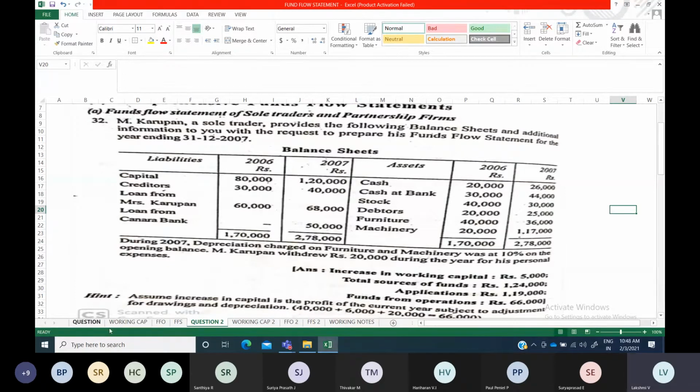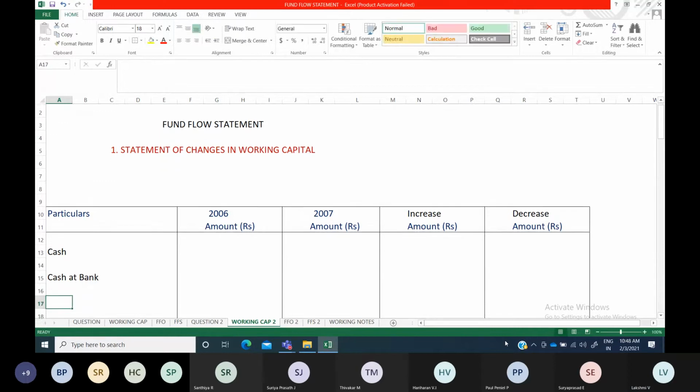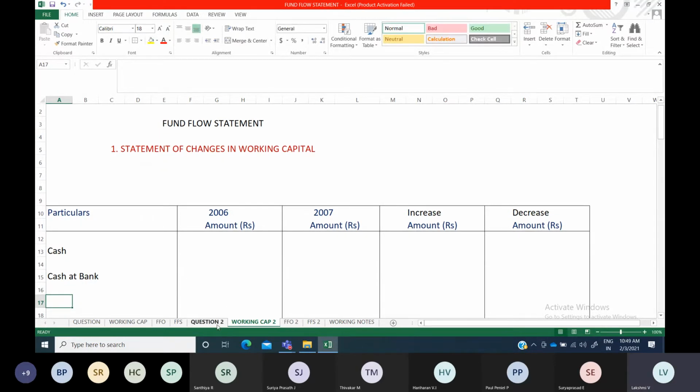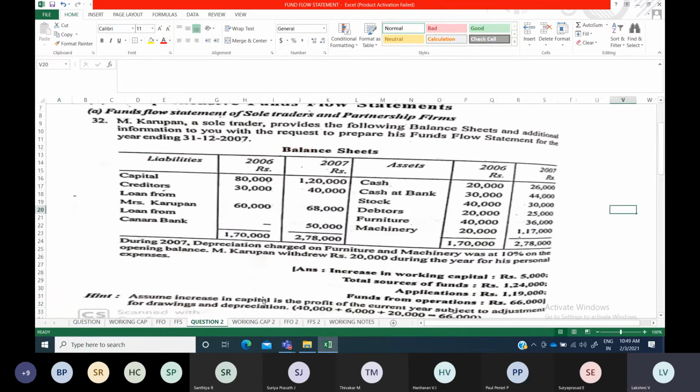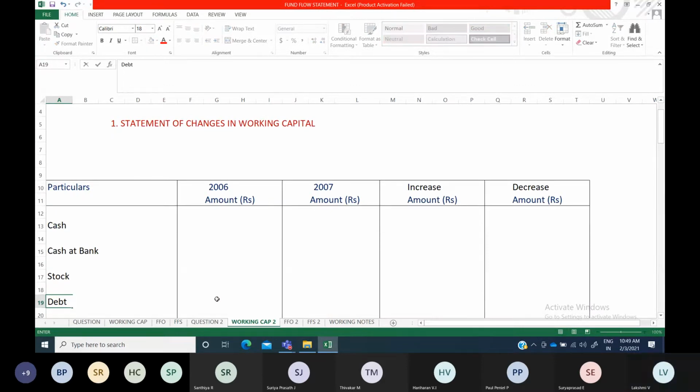Cash, cash at bank, and then stock, debtors. You can mention the heading as current assets here.